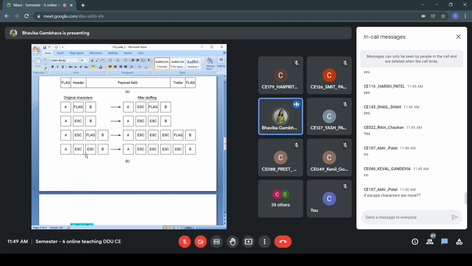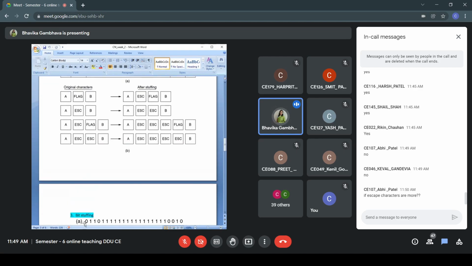So in bit stuffing, we are dealing with bits. It doesn't matter whether you are working with an 8-bit boundary, 7-bit boundary, or you have your own coding mechanism with 6 bits for each character. Because we are dealing with a bit string, it will work. That is one advantage. Now here, please pay attention.